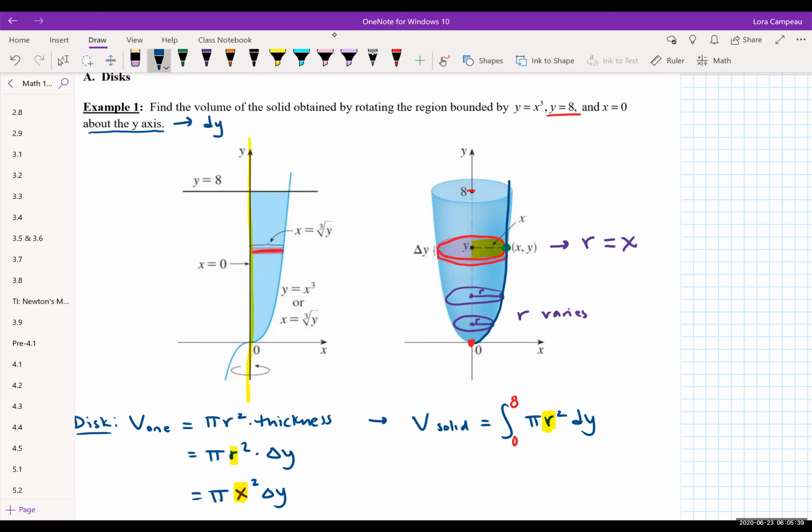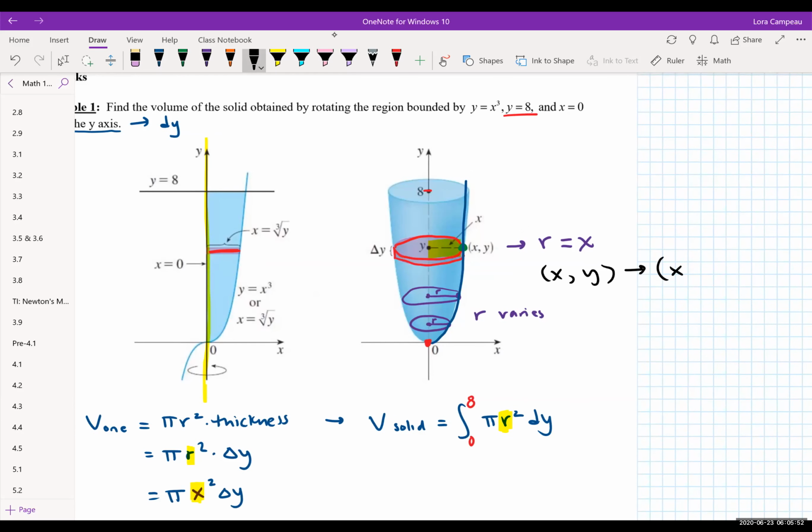So if we want to look at the Y value, we could look at the ordered pair. XY turns into X and X cubed, as Y equals X cubed. They gave us that particular curve to look at.